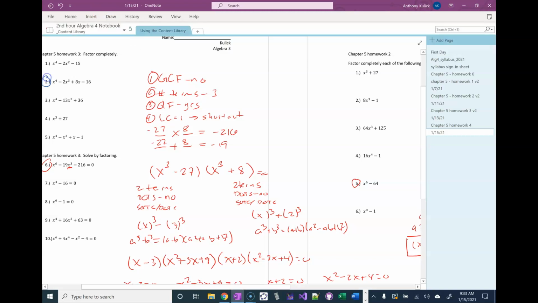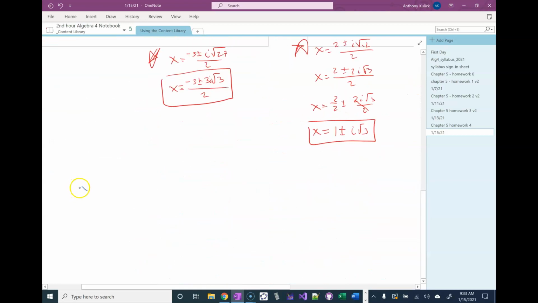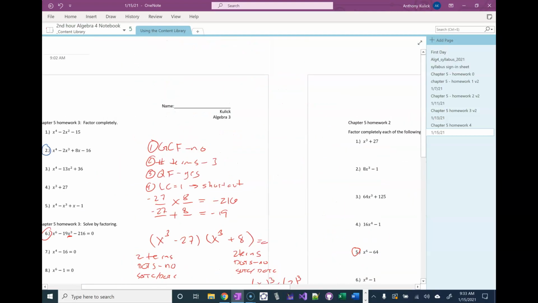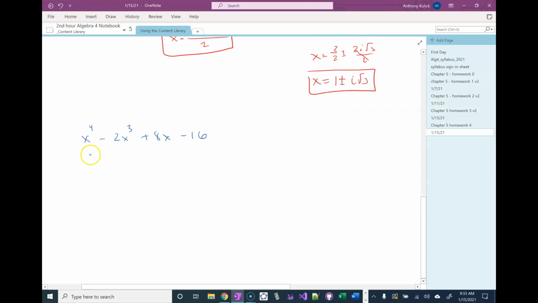Okay. So that's x cubed minus 2x cubed plus 8x minus 16. Okay, first thing, GCF.